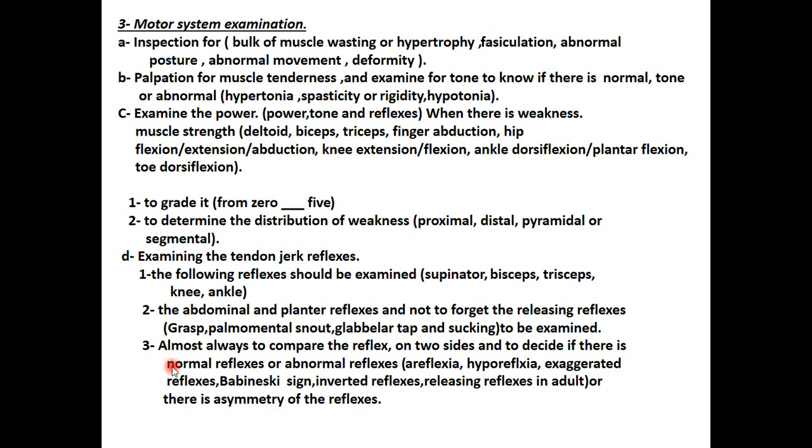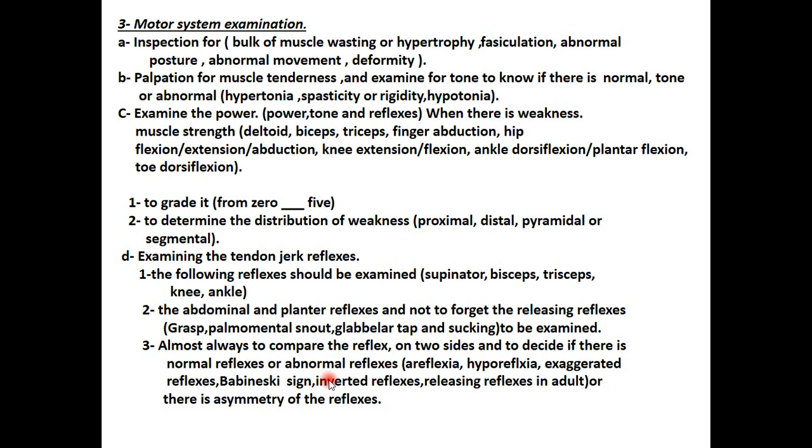Almost always you have to compare. When we do reflexes, you have to compare between left and right, and you have to know whether the patient has areflexia, hyporeflexia or exaggerated reflexes. For example, areflexia if he has a lower motor neuron lesion, or hyporeflexia, or exaggerated reflexes in upper motor neuron lesion, and Babinski also positive.